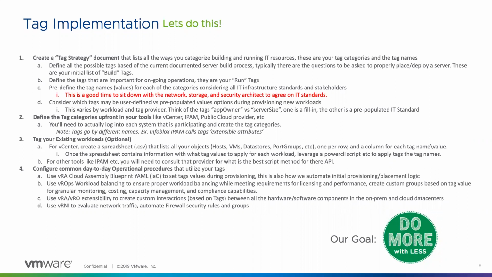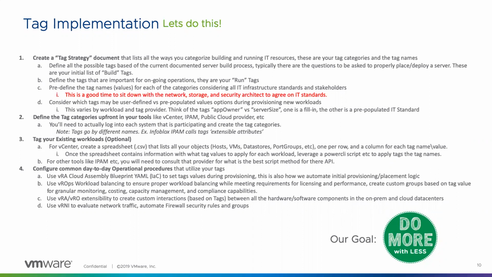And the power of putting it down on paper and sitting with your peers that are on different teams and getting agreements on what type of tags you want to use is a very critical step, because it means that you're breaking down the silos and you're working together and you're reviewing your build process.